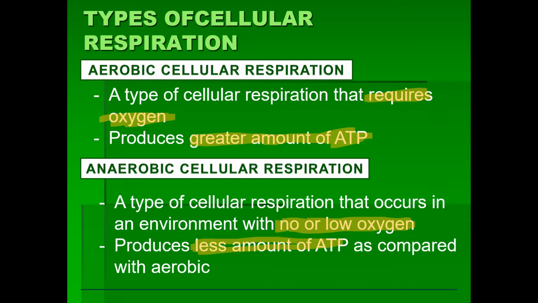So in the case of us humans, what do you think is the cellular respiration that we are doing in our cells? Correct. Our cells perform aerobic cellular respiration because we are producing the energy in our body in the presence of oxygen. That's why we need to constantly breathe in oxygen. Okay? Now, let's continue.